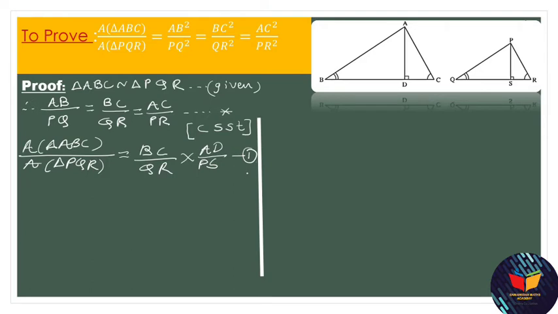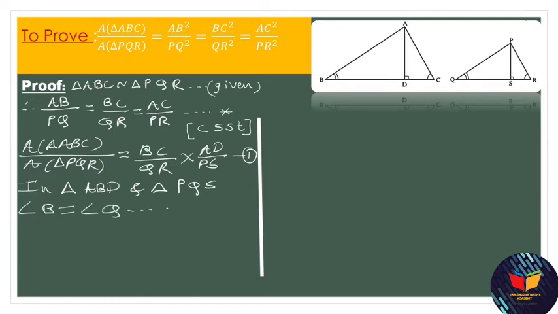Okay, so after equation 1, if you observe, in triangle ABD and in triangle PQS, if you observe these two triangles, what you get is that angle B is equal to angle Q, isn't it?